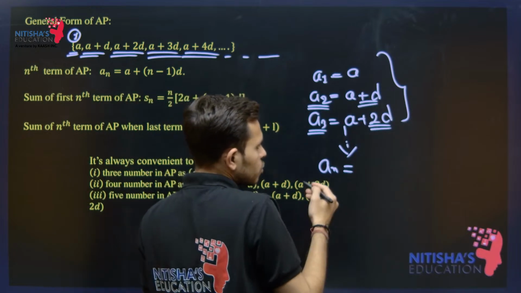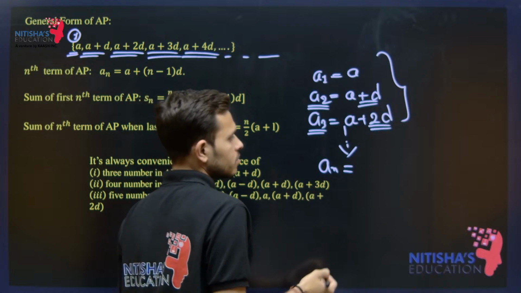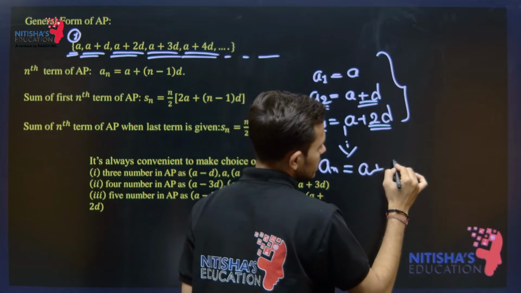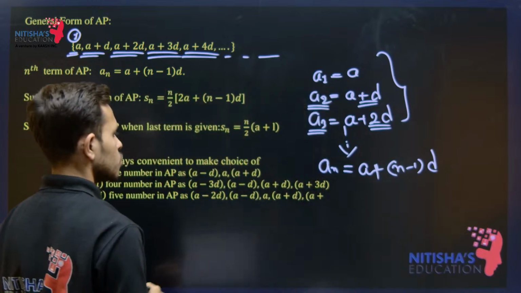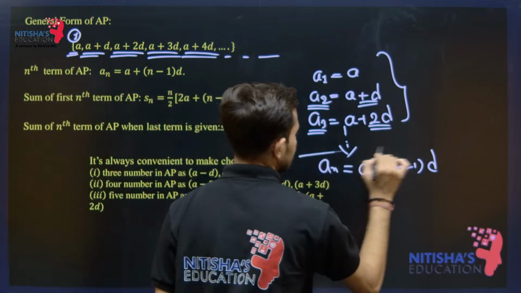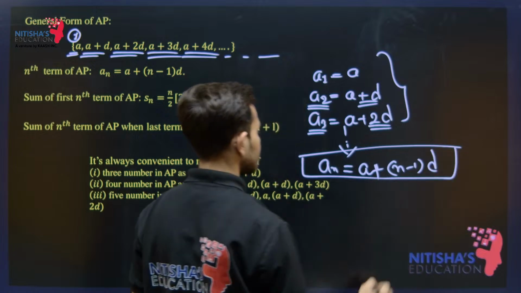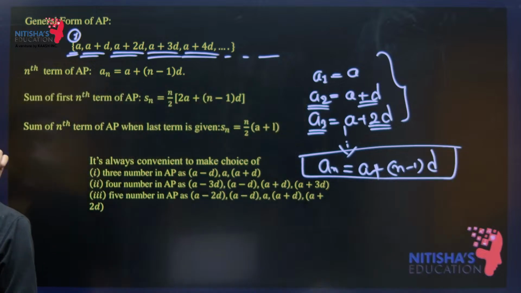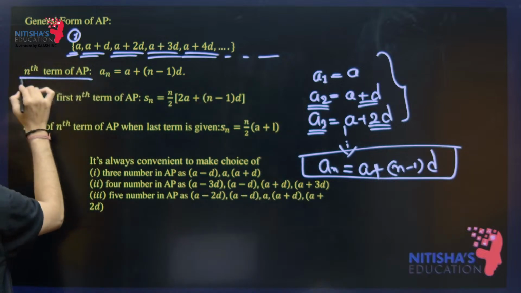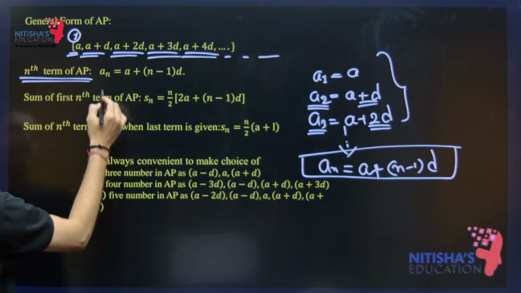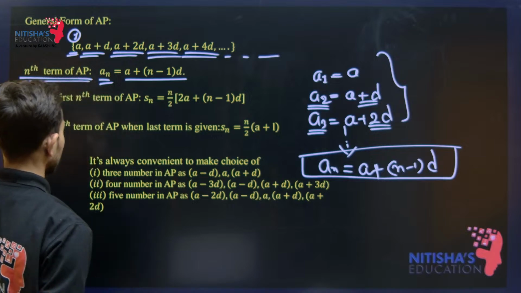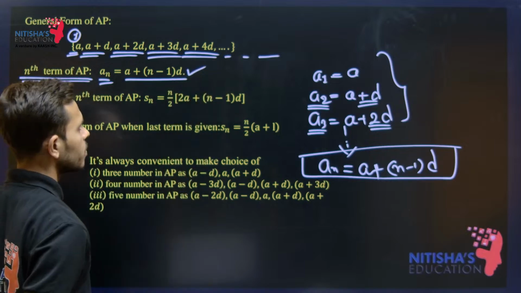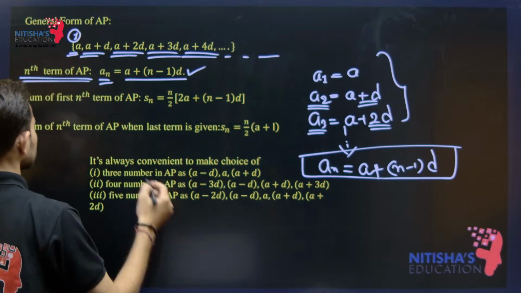So if I want the nth term, then I have to add d n minus 1 times, right? So this is the formula for getting the nth term in an arithmetic progression: an is equal to a plus n minus 1 into d. It is a simple equation that you have to remember to solve the sums, right?